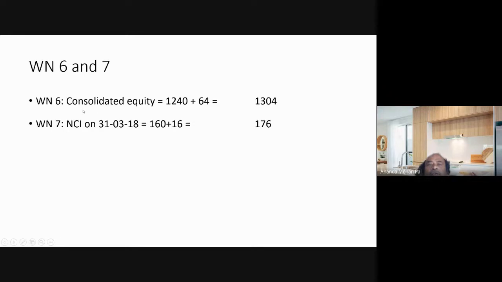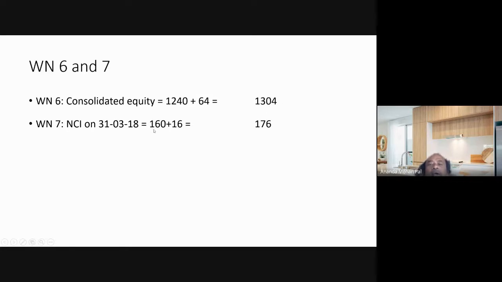Then consolidated equity is parent's own equity plus whatever post-acquisition from subsidiary. So consolidated equity is 1240, parent's own equity, plus 64 from subsidiary, this amount 1304.